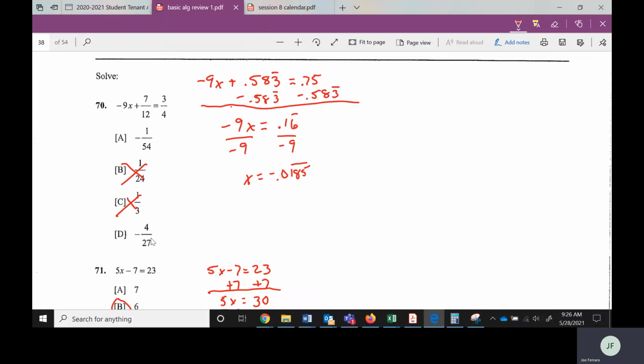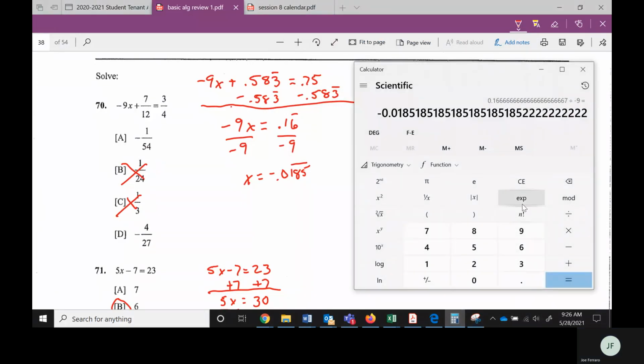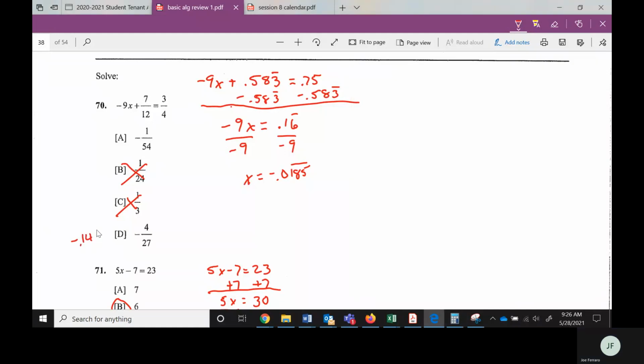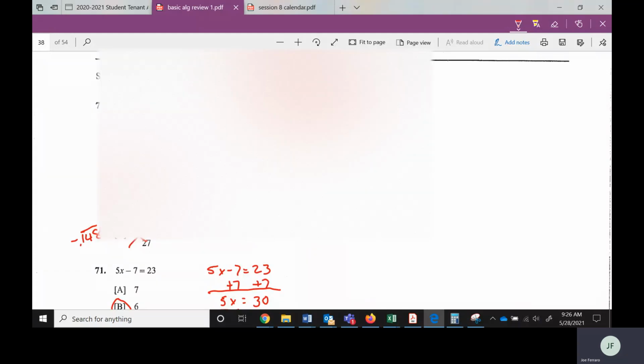So here, negative 4/27, here, negative 1/54. So if I did 4 divided by 27, that gives us a negative 0.148 repeating. So it doesn't look like that's the answer, unless we ended up doing something wrong over here. But let's check the top one.